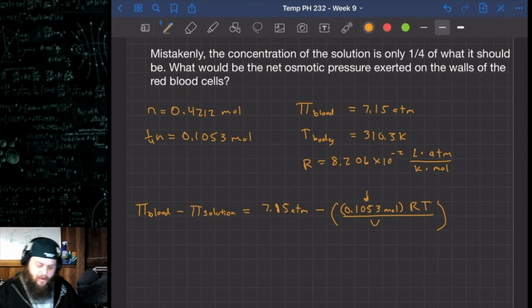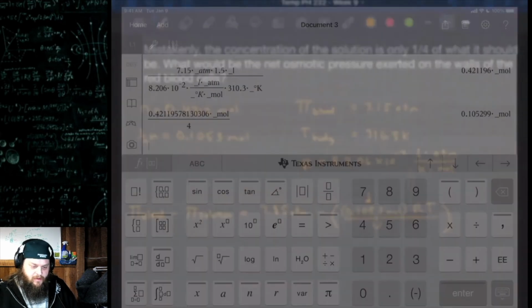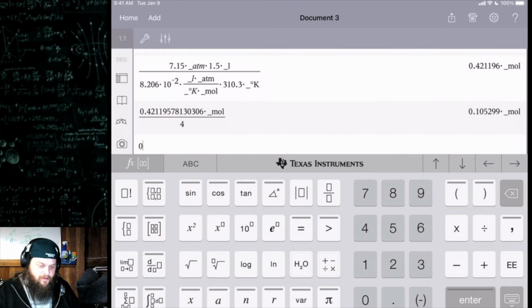We're going to plug in those values. Notice the volume, R and T are not changing. The only thing that's changing there is N in this case. So I'm going to go ahead and plug that in here. First, I'm going to solve for the osmotic pressure of the solution. So that would be 0.1053. I just had it up there. Let's use that.